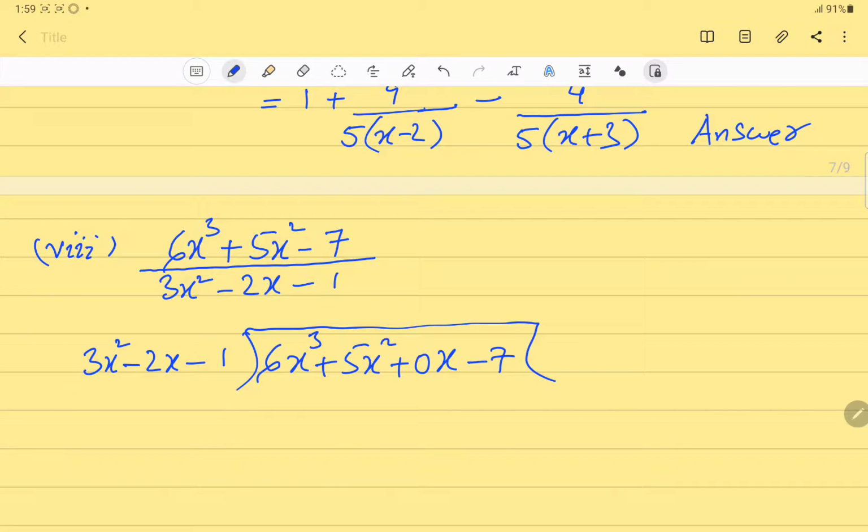If we multiply 3x squared with 2x, we will get 6x cube. So we will write here 2x. Multiplied by 3x squared is 6x cubed. Then we will multiply it with this one also. 2x into minus 2x is minus 4x squared. Then it will be multiplied with this one also. So it will be minus 2x.